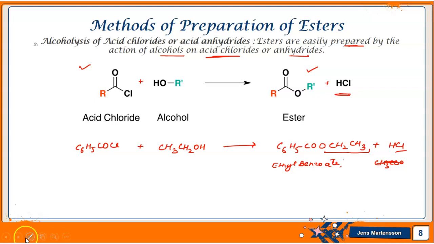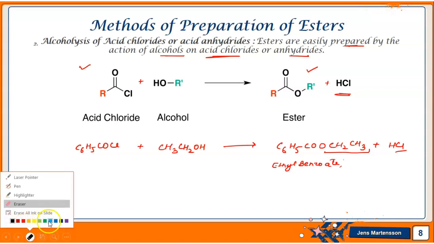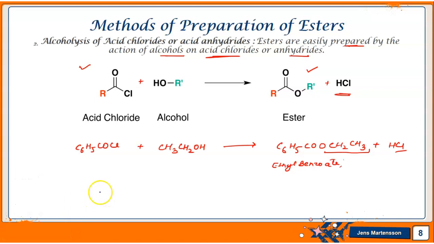That is how you have seen how your acid chloride reacts with your alcohol, and it leads to the formation of your ester. You can also see the reaction of your acid anhydride, where you can react your acetic anhydride like this, CH3CO-O-COCH3, like that. Okay, and it will react with again your ethyl alcohol, CH3CH2OH.